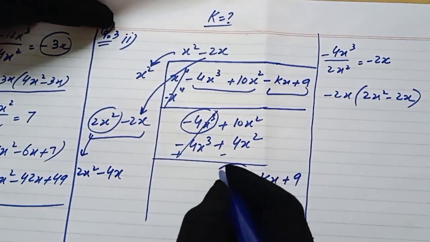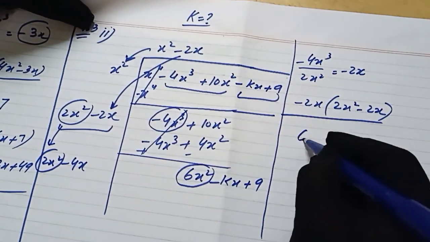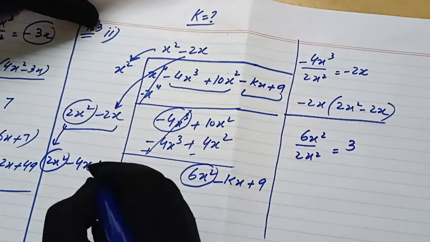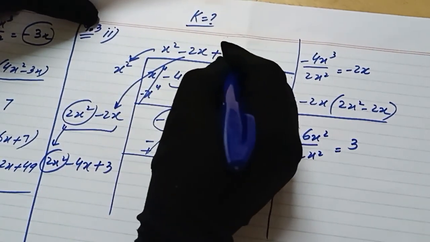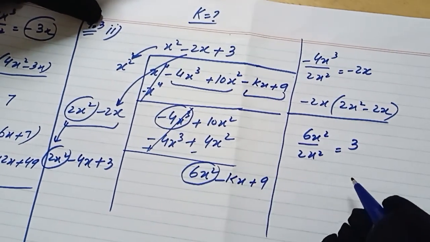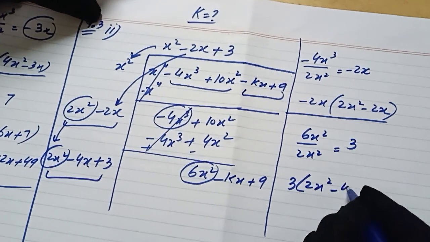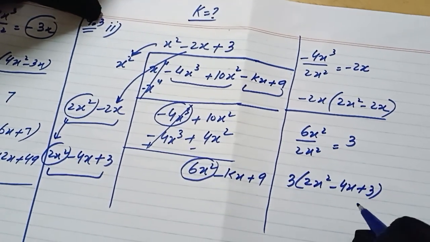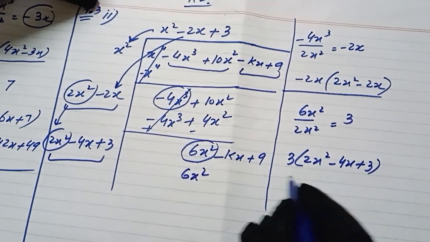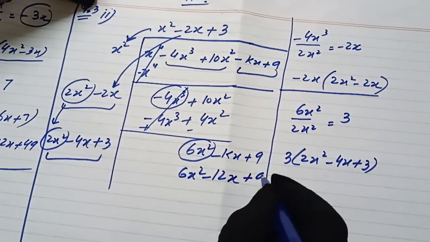For the third term, divide first term by first term again. 6x square divided by 2x square, you obtain 3. Write down 3 as the third term for quotient and divisor both, and then multiply this 3 with the complete divisor, 2x square minus 4x plus 3. Okay, so the product of these terms we can write down here. 3 2s are 6x square minus 3 4s are 12x and plus 3 3s are 9.